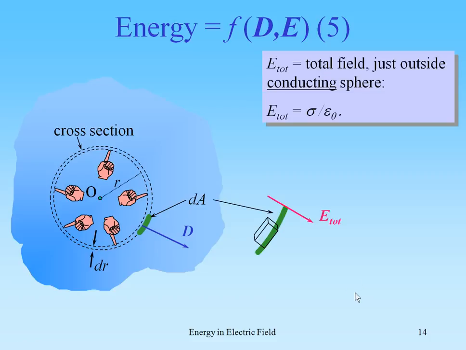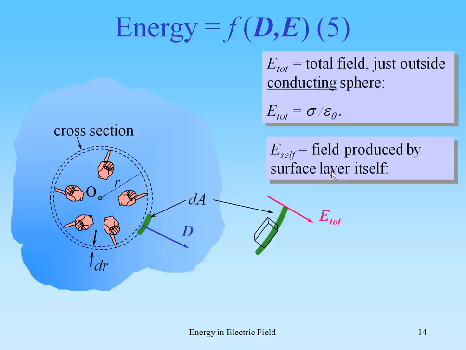Well, we have the total field produced by all the charges just outside the conducting sphere, and that is sigma over epsilon naught, using Gauss. The self field is the field produced by the surface layer itself, and that self field is 1/2 times sigma over epsilon naught, using the pillbox here.